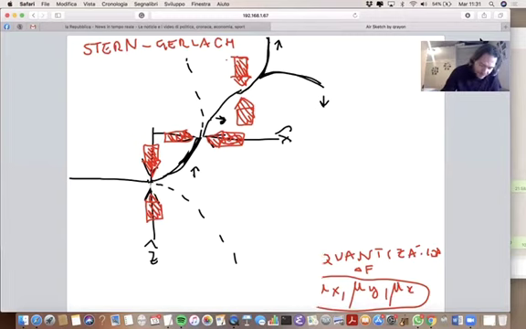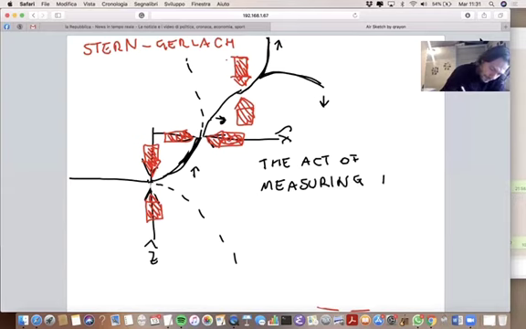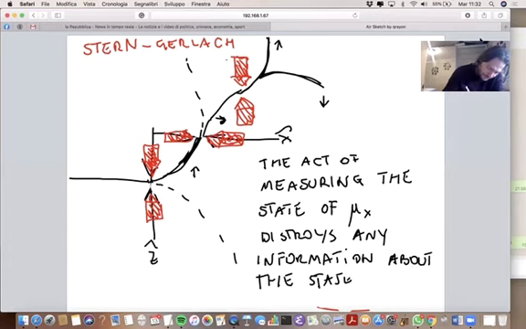So what we are actually concluding from this is that the act of measuring the state of mu Z or mu X destroys any information about the state of mu Z. The act of measuring mixes up the states.